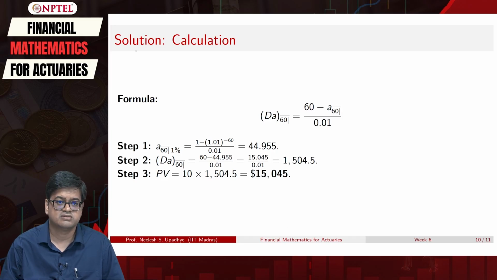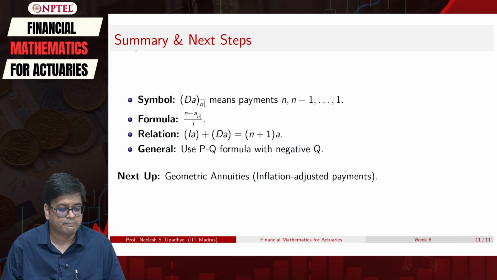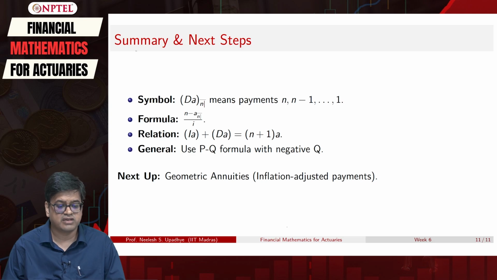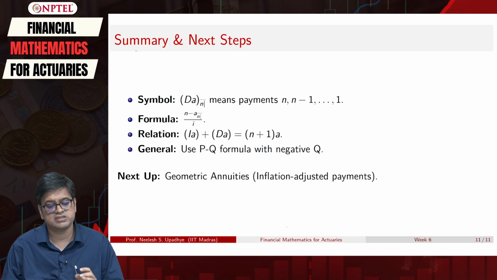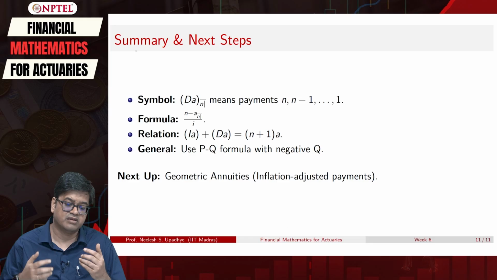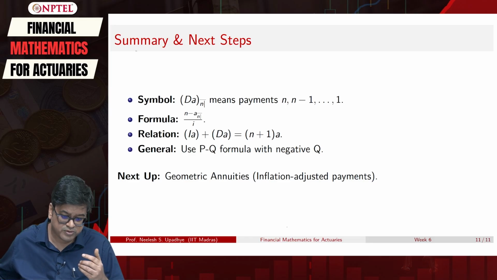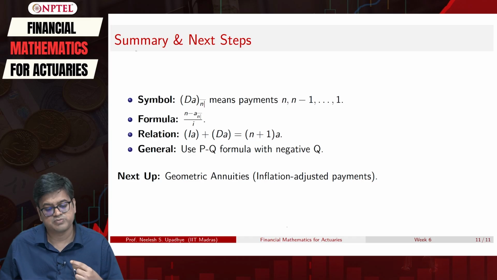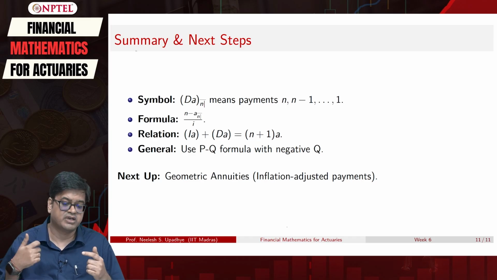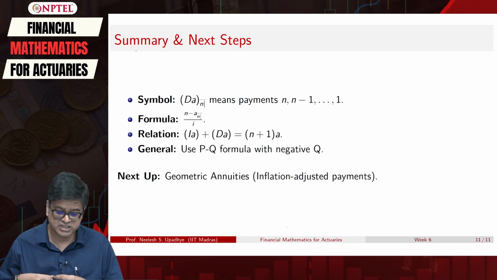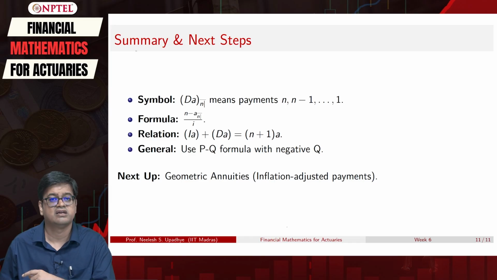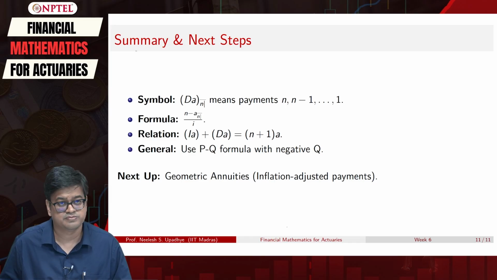Let us summarize the important formulas and things that you need to remember. First, we have the decreasing annuity, which means you have payments n, n minus 1, and so on, up to a unit of 1. The first payment is n, the second payment is n minus 1, and these payments continue until you get the last payment of $1, correct.